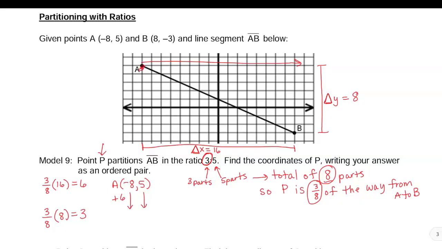From A to B, we are going down, so you're going to have to subtract from the y-coordinate. How much are you going to subtract? That's right here, the 3/8 of 8 that we did. So you're going to subtract 3 from the y-coordinate. And the new point, point P, will be located at -2, 2. So P would be at -2, 2.